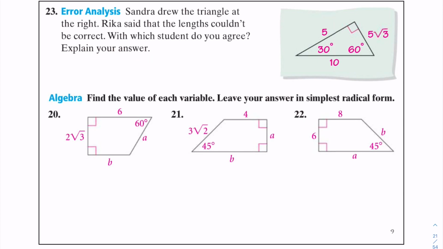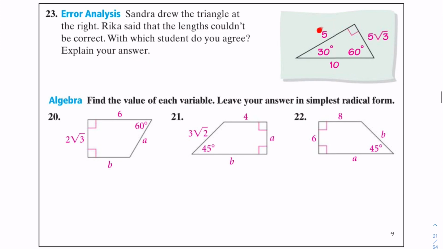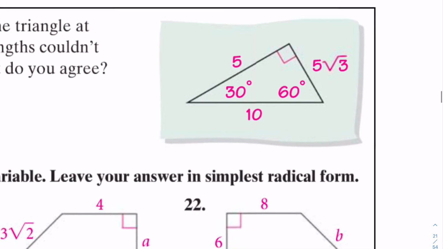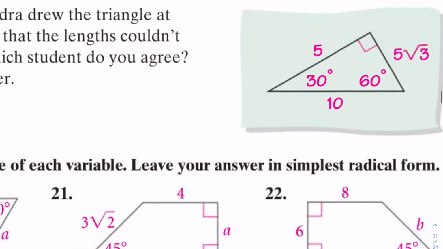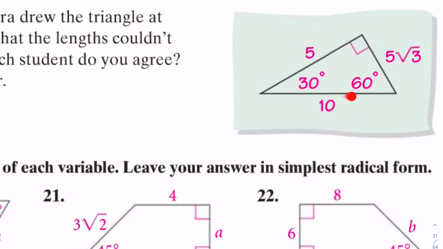Well, when I first take a look at it, I notice that there's a length of 5, a length of 5 square roots of 3, and a length of 10. So I asked myself, does 5, 5 square roots of 3, and 10 work? On the surface, they look like they do, right? Because if the hypotenuse is double the short leg, then 5 times 2 is 10.